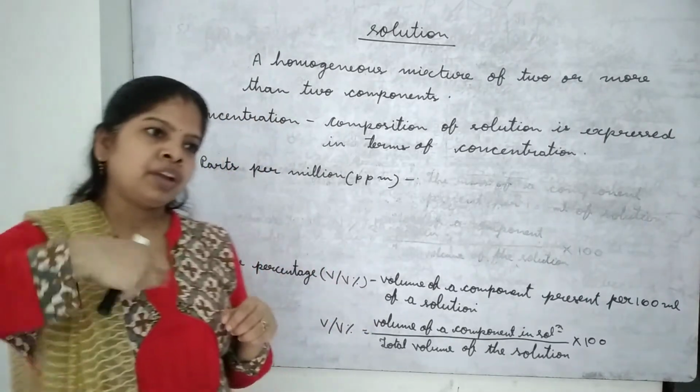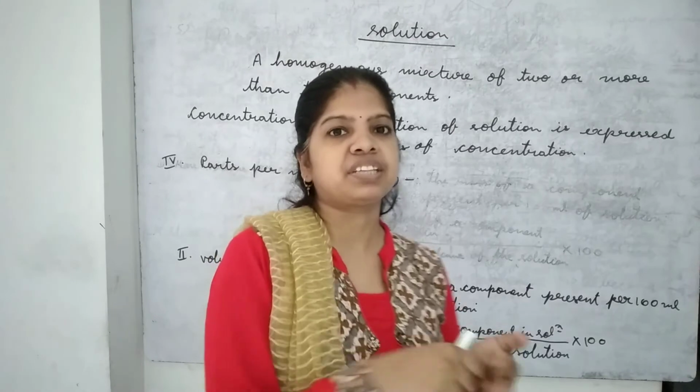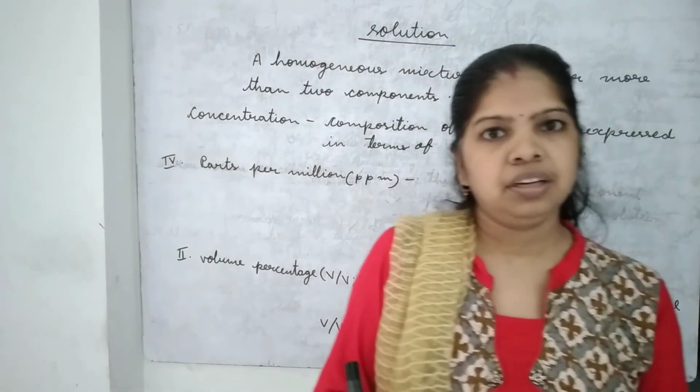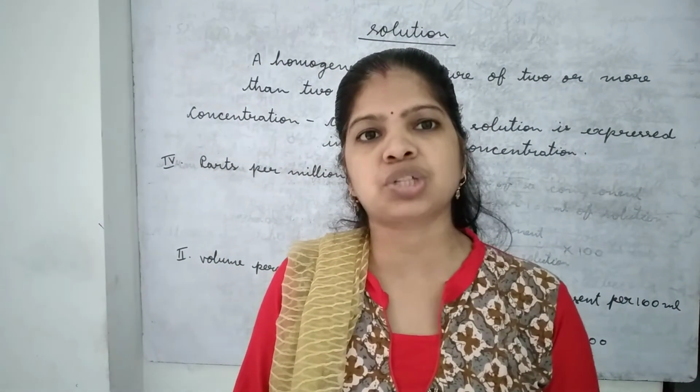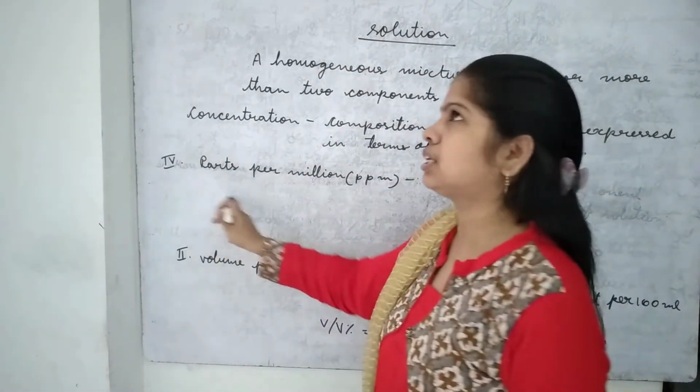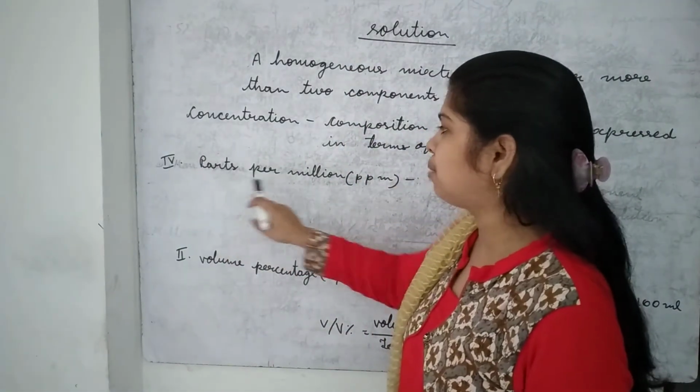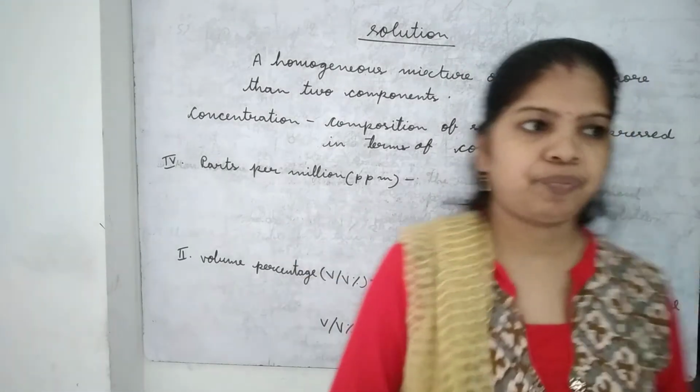That means a particular component is present in trace quantity. If a component is present in trace quantity, then this concentration term is used. It is called parts per million.